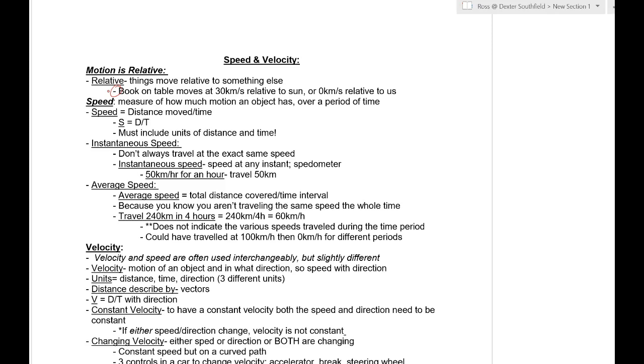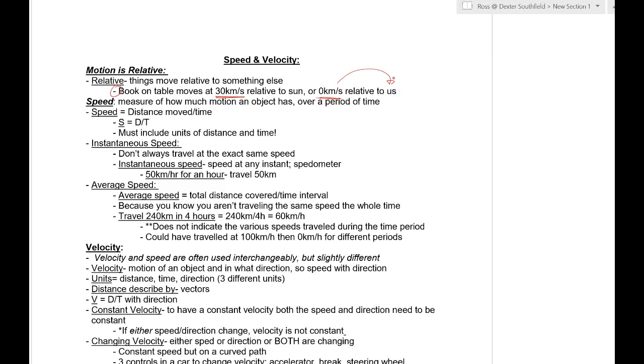But compared to the sun, it is revolving around the sun because the Earth is revolving around the sun. So it's actually moving very, very quickly, 30 kilometers per second, but only 0 kilometers per second compared to us.